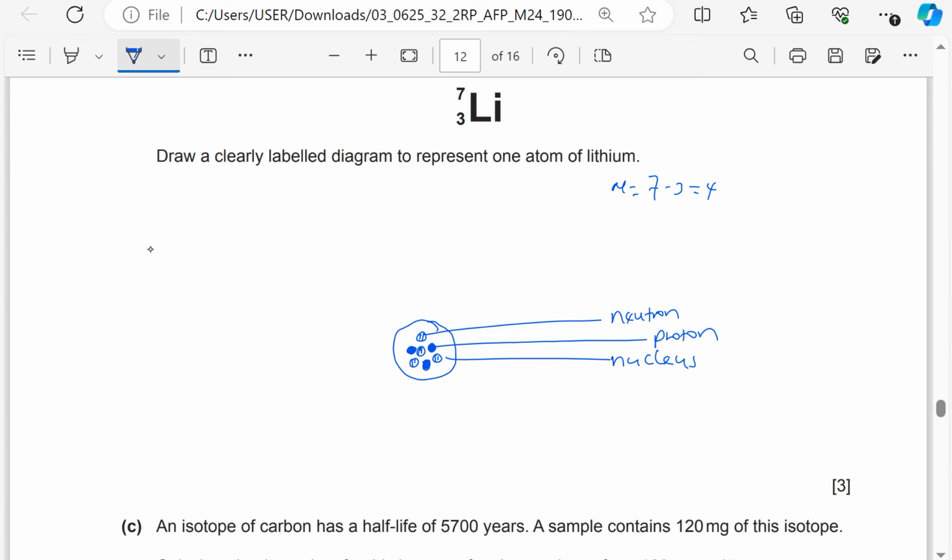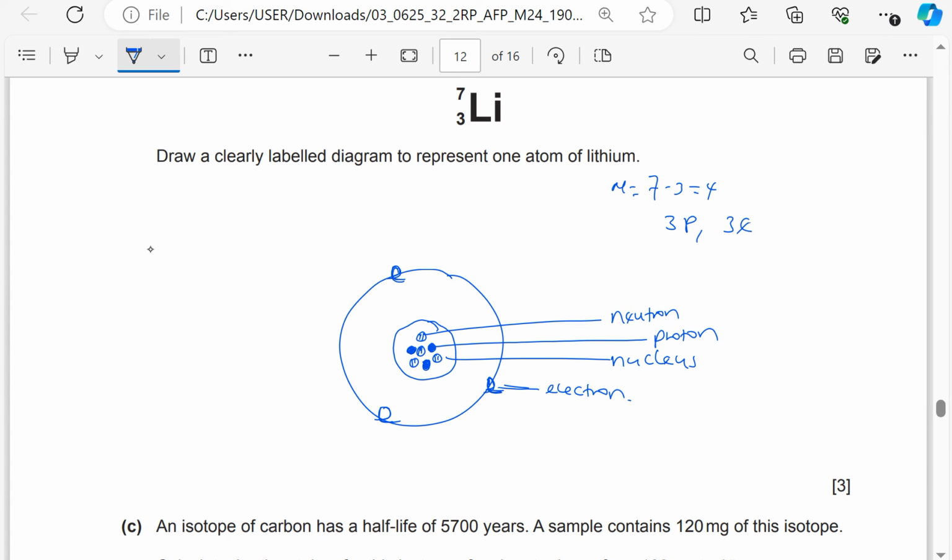Then, because there are 3 protons, there must be 3 electrons for a neutral atom. So I'll draw one shell outside. And I'll put 1, 2, 3. I'll represent the electrons like this. And I'll call this one the electron.